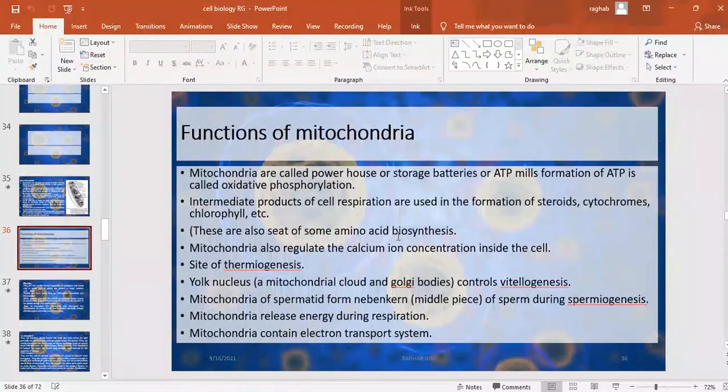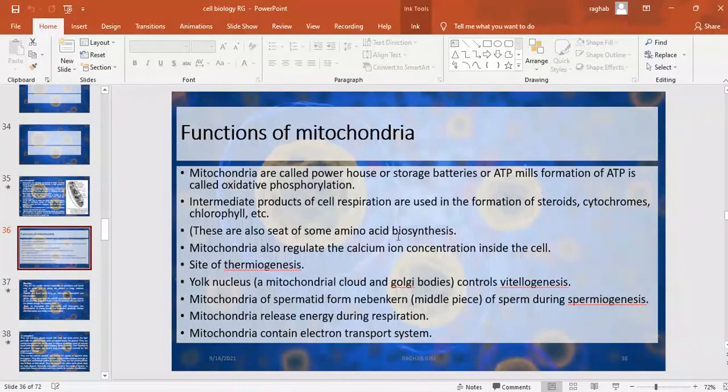Because 50% of the work they do themselves and 50% is done by the nucleus. They can self-replicate. They have DNA in them. Half of the activities of mitochondria are controlled by themselves, and the remaining half are controlled by information from the nucleus. So they are known as semi-autonomous.